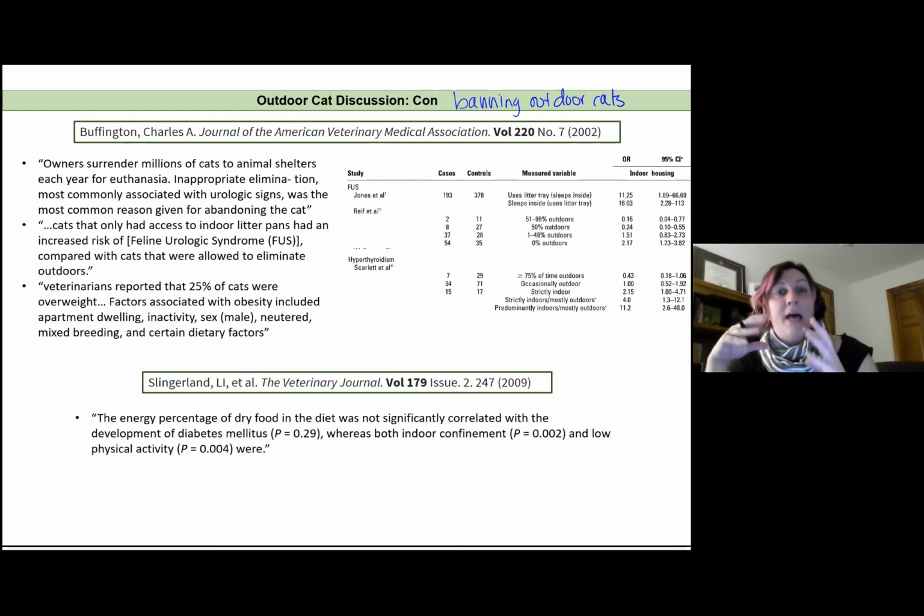Here is some evidence for you to use in your statement. I've got two different articles. I used one from the Veterinary Journal, one from the Journal of American Veterinary Medical Association, 2002, 2009. Any of these bullet points will work as evidence as well if you want to use multiple ones. And I included some of the data tables.